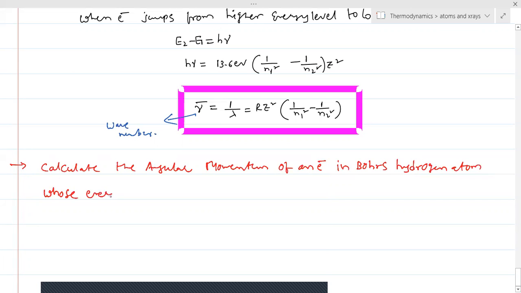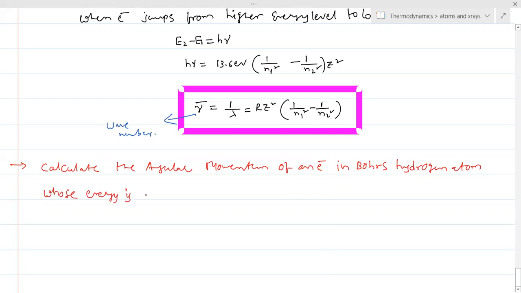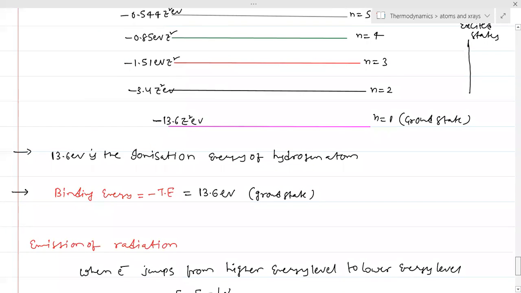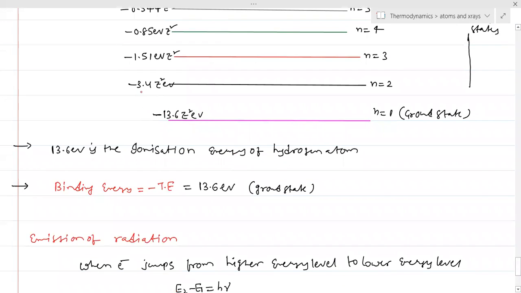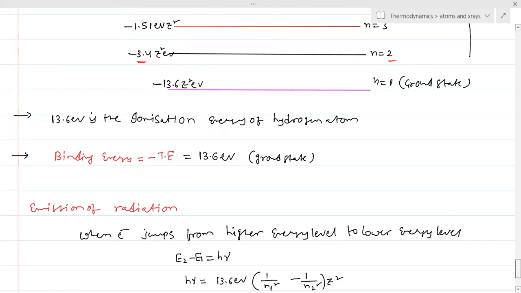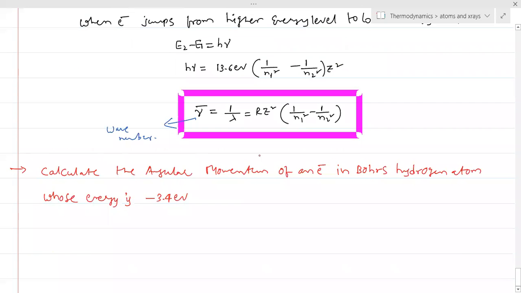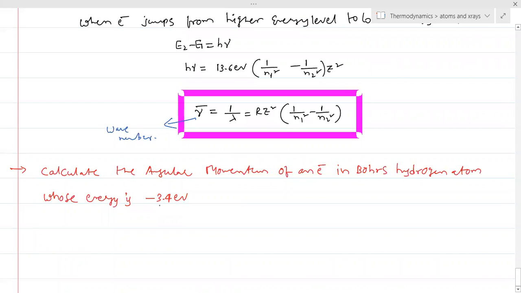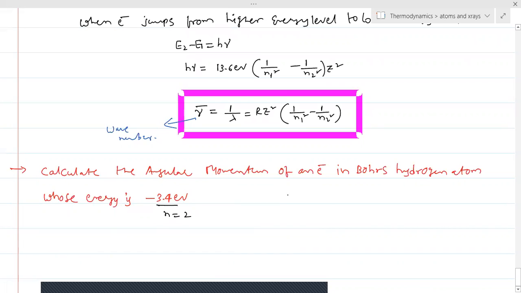In the previous discussion we have seen that minus 3.4 means simply we will take n equivalent to 2. If you know these values, the problems become very simple. So we will say n equals 2, and angular momentum equals n h by 2 pi.